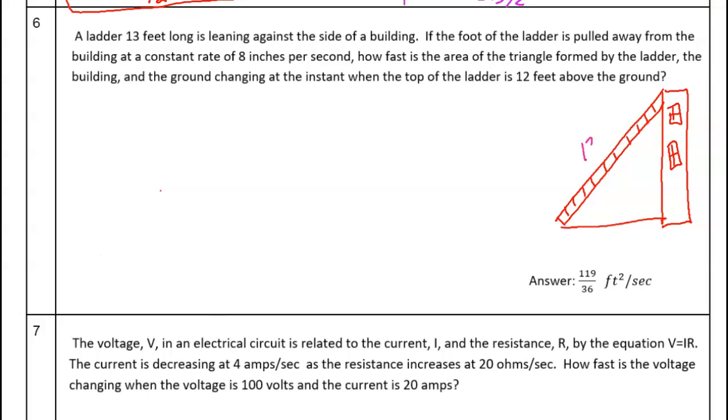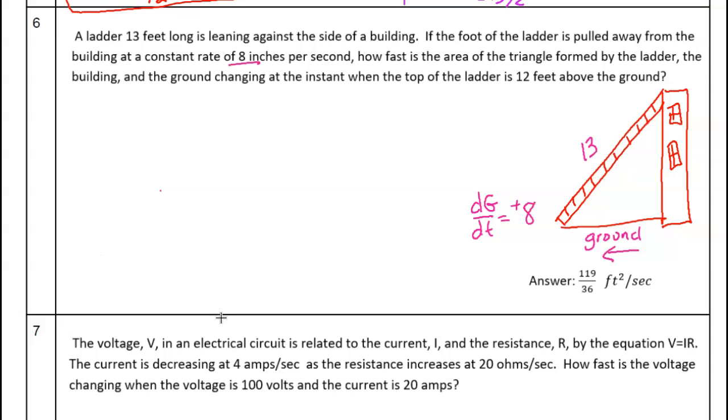The ladder is 13 feet, and it's leaning against the side of the building. The foot of the ladder, which is the bottom, I'm going to call that the ground. It's being pulled away from the building, so dg/dt, at 8 inches per second.